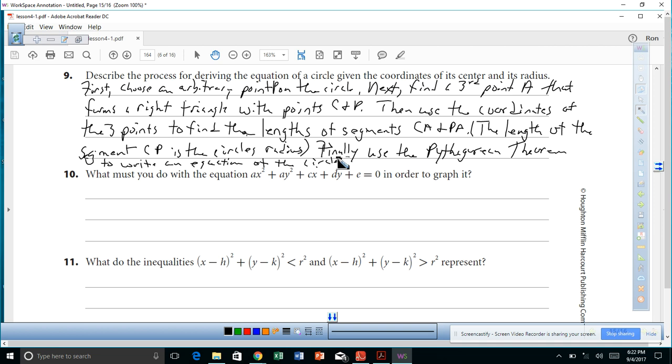All right. What must you do with the equation ax squared plus ay squared plus cx plus dy plus e in order to graph it? Well, you need to complete the square on the x and y to write the equation in standard form.